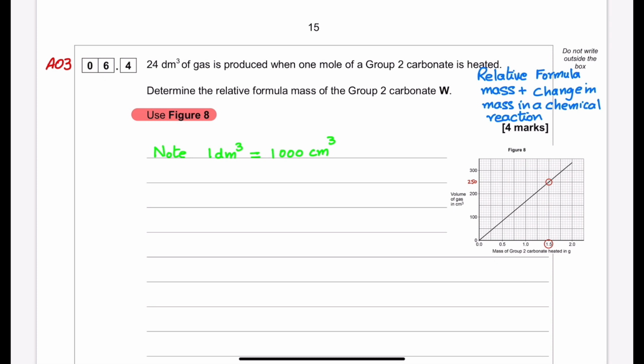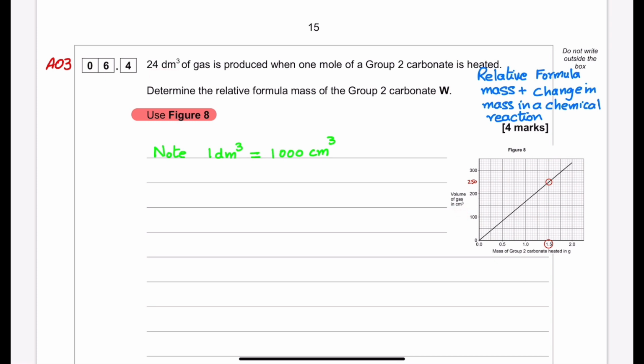The relation given there is about the volume and the mass. In this question, the volume is given and the mass is unknown. The question is about cm³, but here the volume is given in dm³.